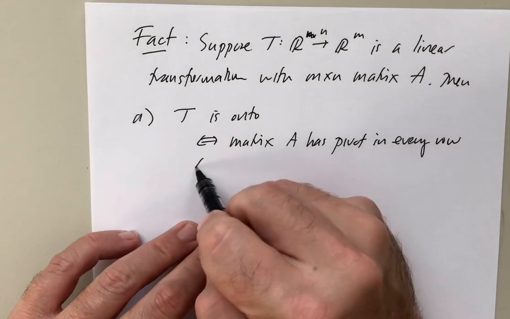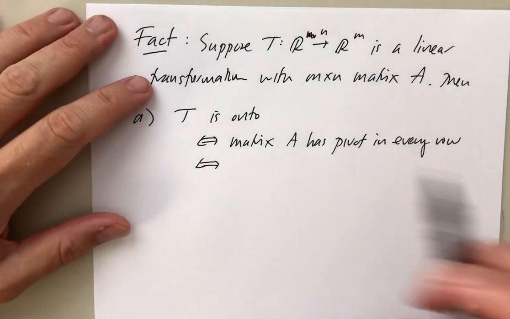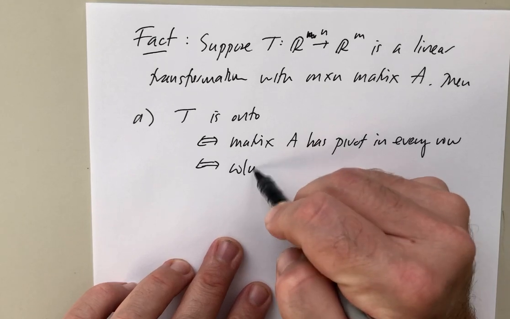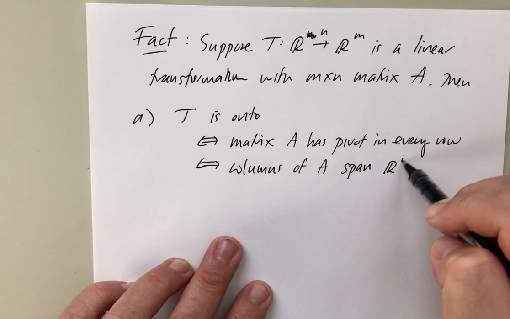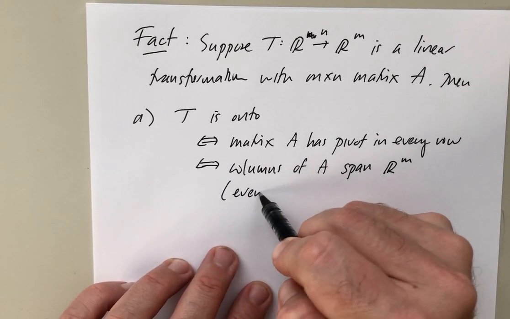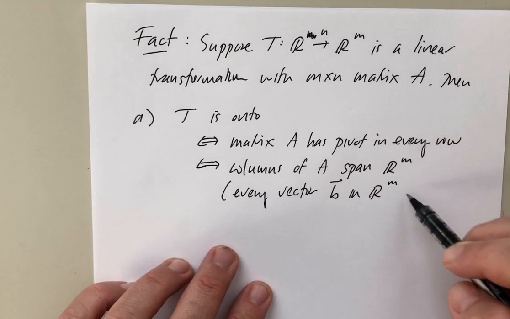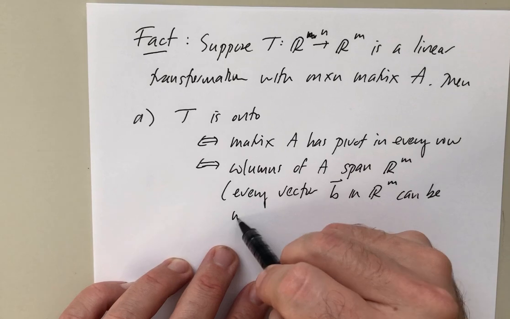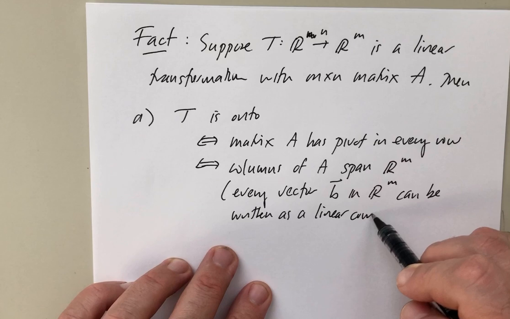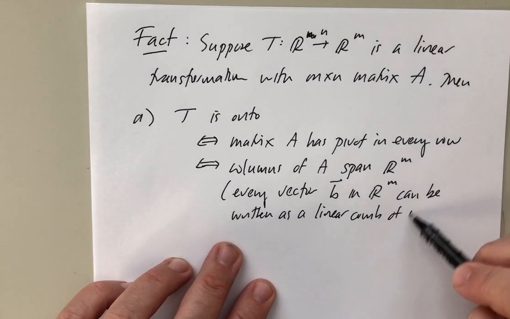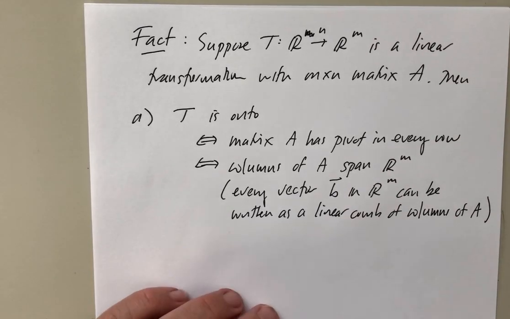And recall that last time we saw that having a pivot in every row can also be interpreted in terms of the vector equation by saying that the columns of A span Rm. Let me remind you what that means: every vector b in Rm can be written as a linear combination of those vectors, the columns of A. That's what it means to say that the columns of A span.